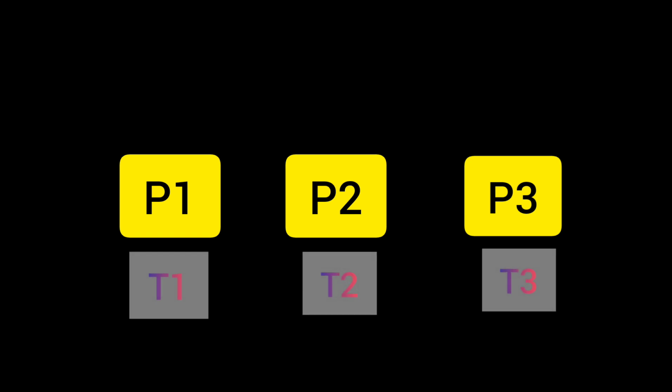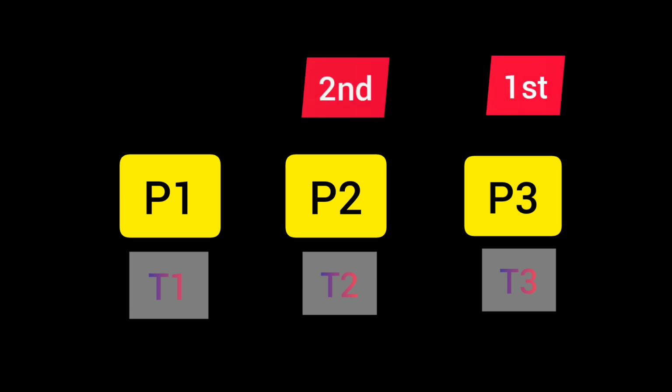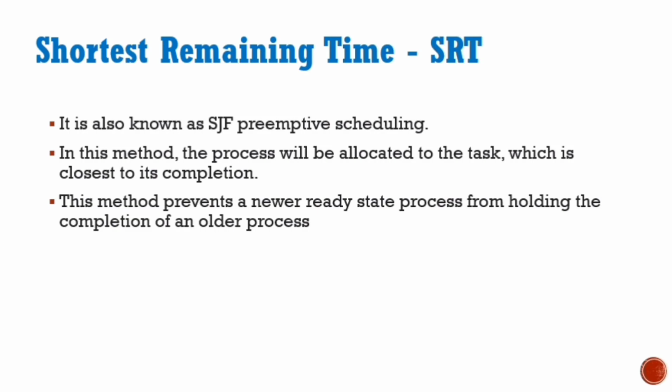So whichever process requires very little time to near its completion state will be allocated the CPU first. And this method helps in preventing any newer ready state process from holding up the completion of an older process. So even if a new ready state process occurs, it will ensure that the older processes which are closer to completion will be executed first.